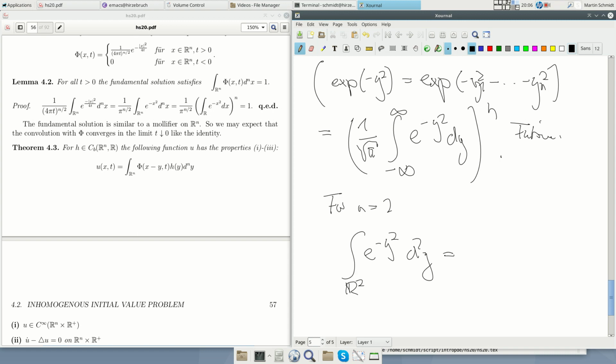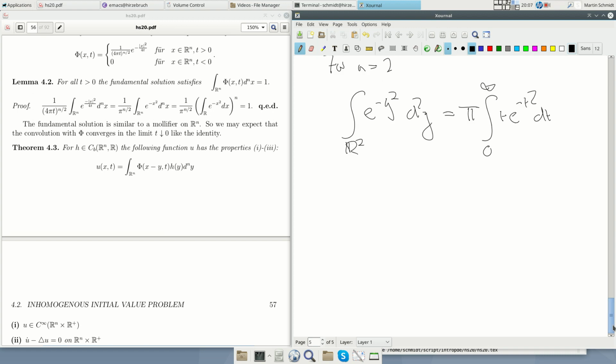Now we use polar coordinates. The length of the unit circle is pi. So this is pi times the integral, in polar coordinates, from 0 to infinity, of r e to the minus r squared dr.